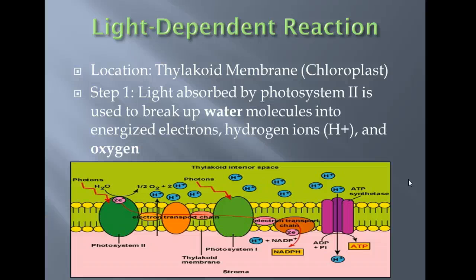So the first thing that's going to happen is light's going to be absorbed by the first group of pigments called photosystem 2. Now here's what you have to remember. Photosystem 2 comes first. Okay? That photosystem 2, you can see it right here, its first job is to break water molecules into hydrogen and oxygen. So we're going to end up with 2 H's and an O. So that's its first job.